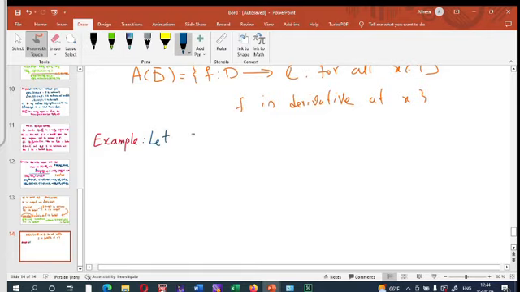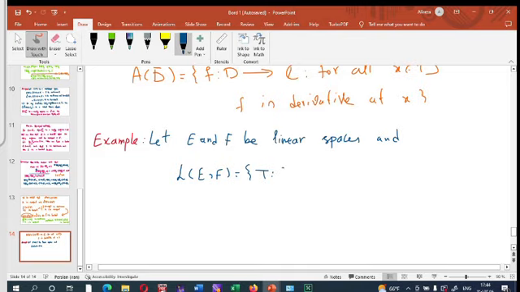Example. Let E and F be linear spaces and L of E and F equal to the set of all T from E to F such that T is a linear map.